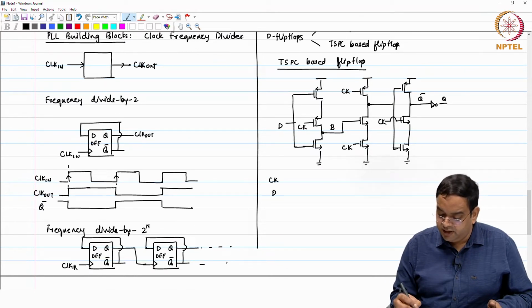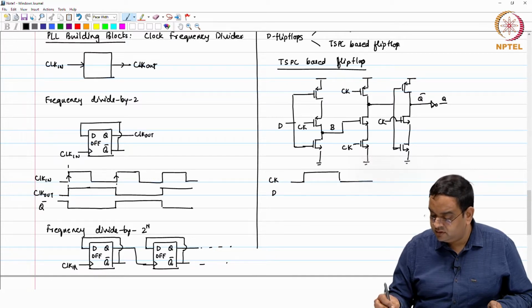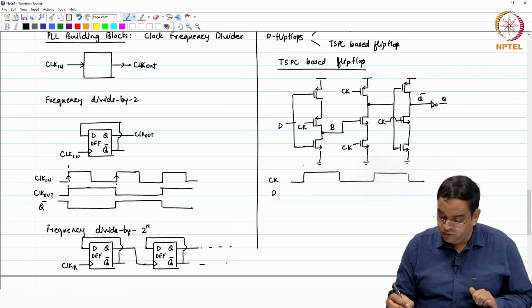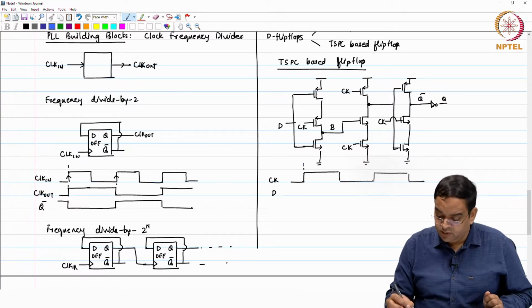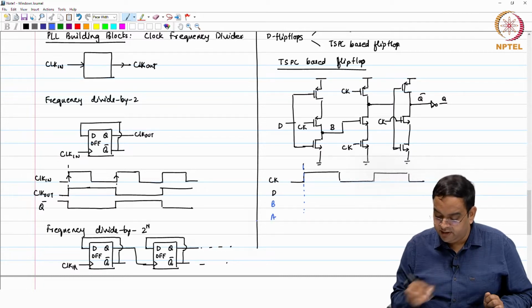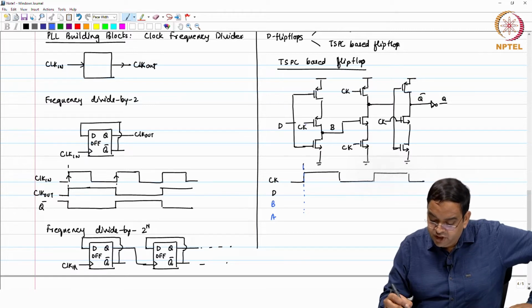If you want to look at the operation, you have clock and D. Let us say you are going to get the rising edge of the clock like this. Consider the case when clock is 0. During the time when clock is 0, look at the signals B and A. When clock is 0, if D is 1, that means your clock is 0 and D is 1.